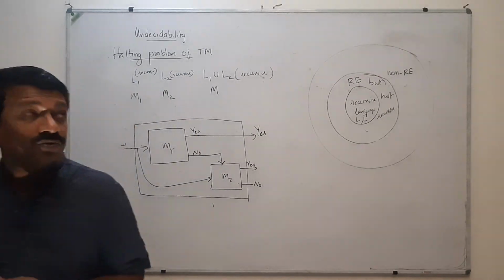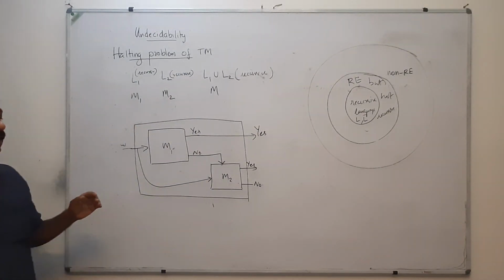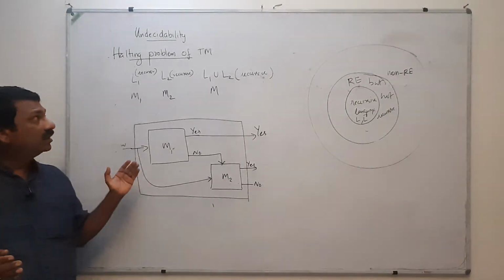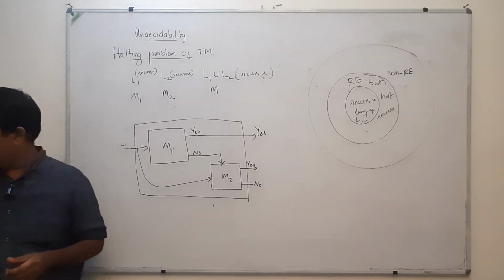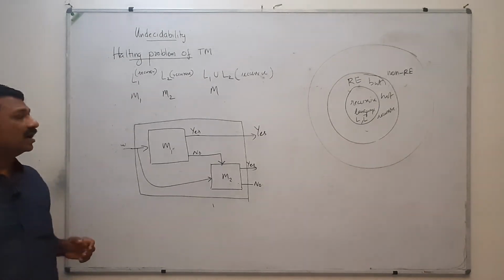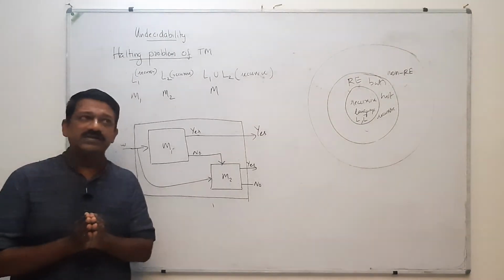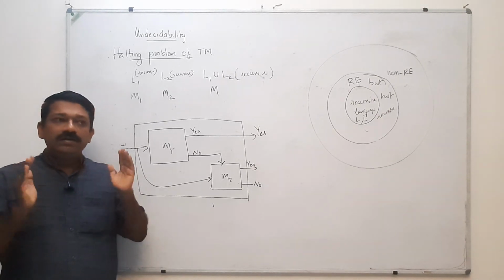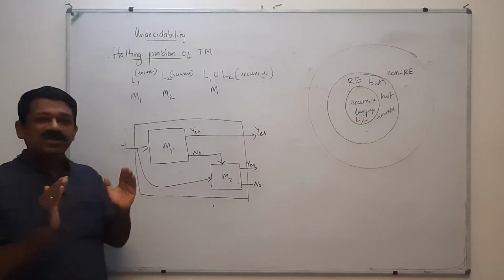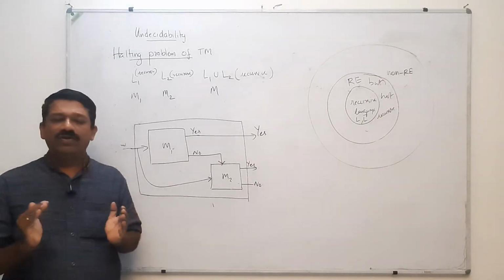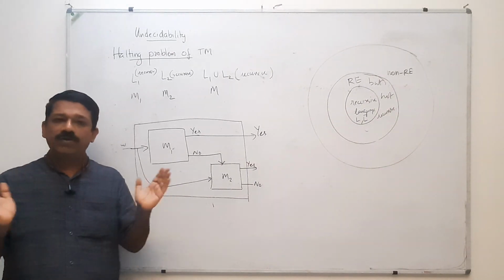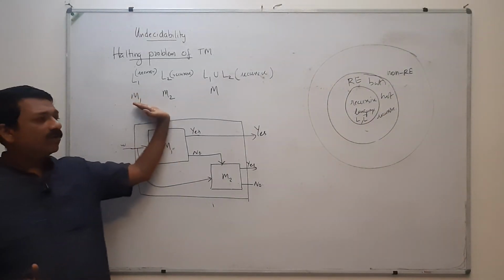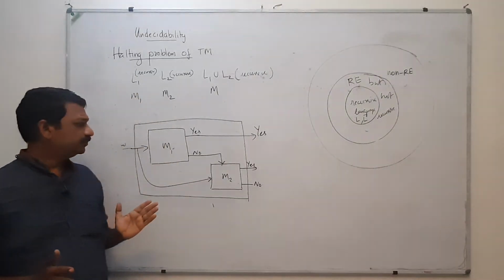So that's all about undecidability and the halting problem of Turing machine. In this lecture, I told you about the halting problem and undecidability. Undecidability means that for some inputs, the Turing machine cannot say whether they can be accepted or not. Those problems are called undecidable problems, and the halting problem of Turing machine was also explained.